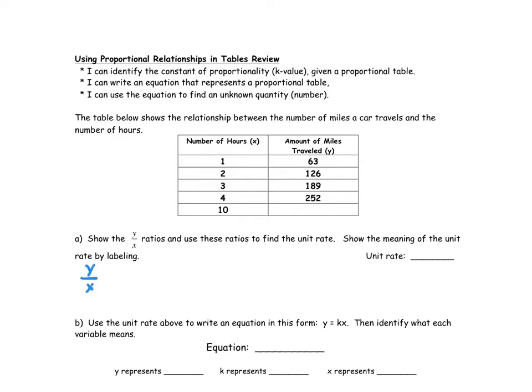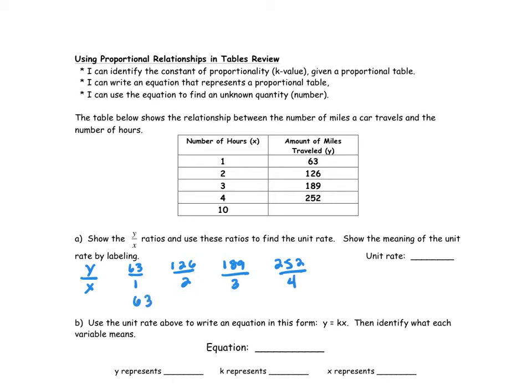So if I use all of the X to Y ratios, or excuse me, Y to X ratios, and they're all the same value, then that means I have a proportional table. So I'm taking all of the given Y values and dividing them by their corresponding or matching X values.